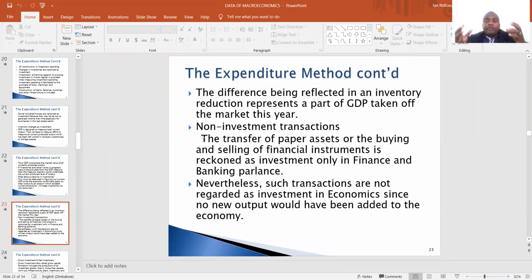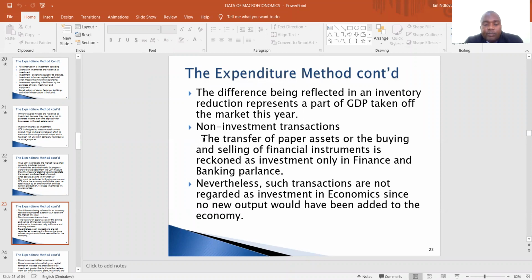Why? Because investment in economics is technically defined as the expansion or creation of capacity to facilitate further production. So for us to qualify whatever we regard as investment, whatever is produced must facilitate further production in an economy.